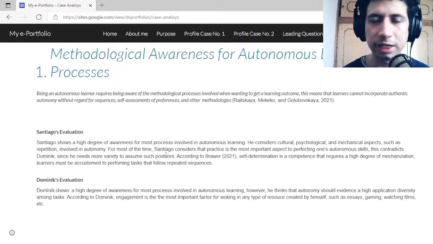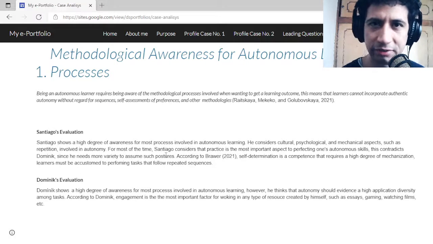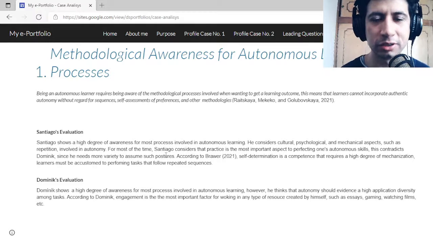Whereas Dominik already applies that, which is something interesting, but he doesn't consider those as particularly beneficial for his autonomous learning career.